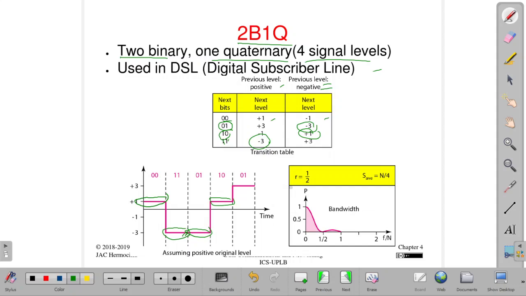In this multi-level scheme, our R is one data element per 2 signal elements, and the bandwidth requirement is N/4 bitrate, so it has a very small bandwidth requirement. However, there is a DC component here.